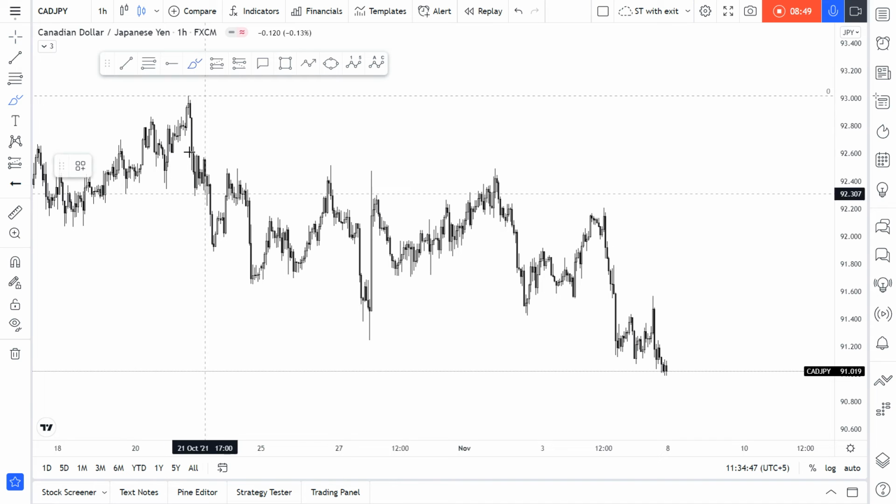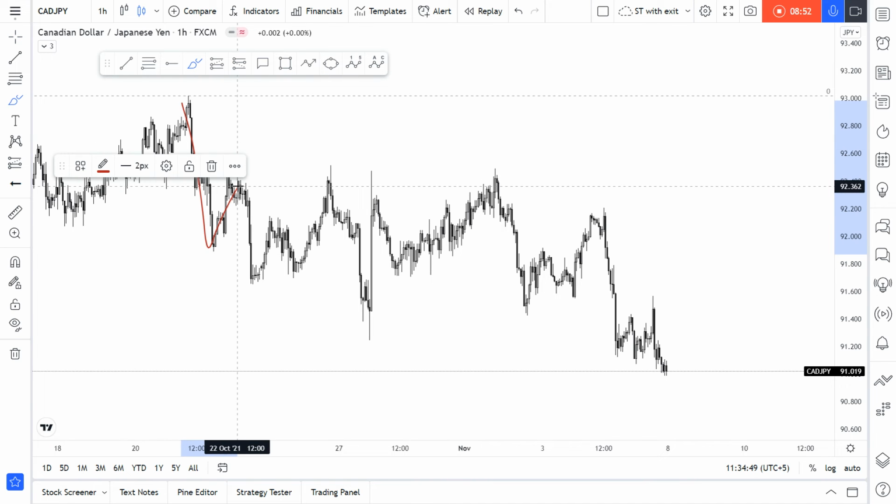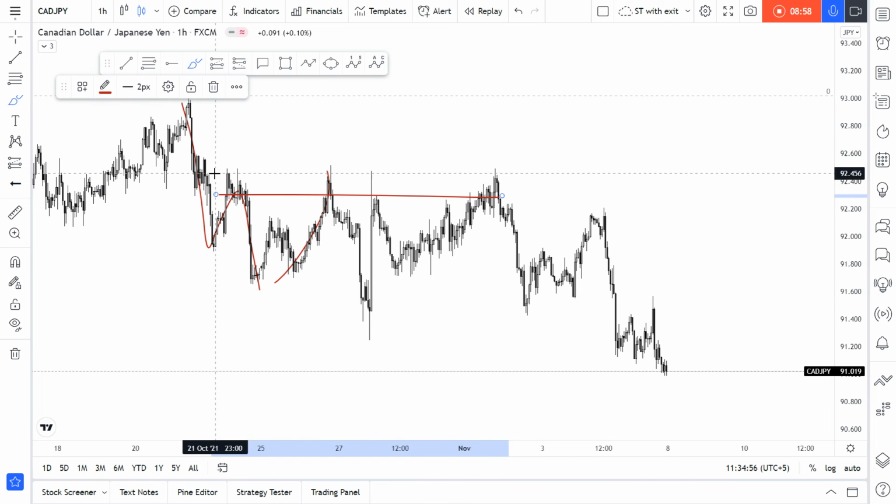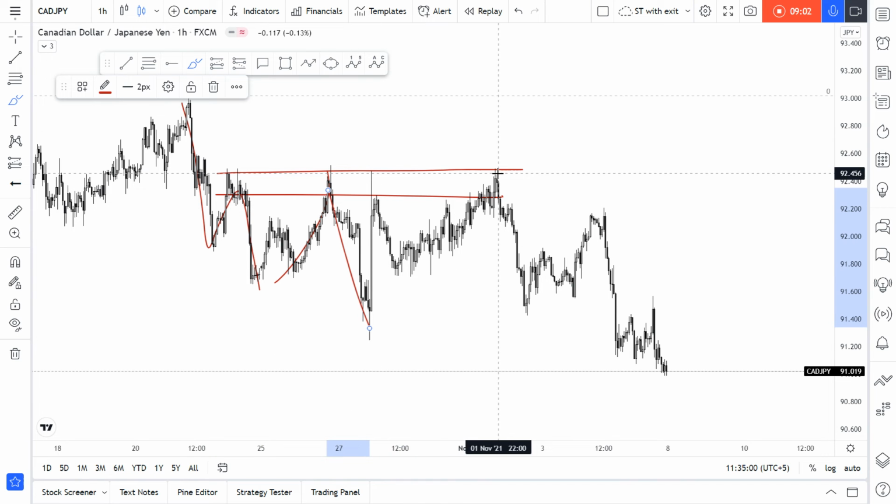You can see here, push down, rejection, push down, rejection to those highs, for I don't know how many times, push down, it couldn't break, push up and push down.